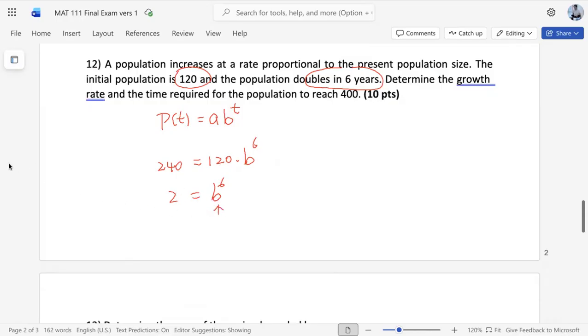What do we do? We can take logs on both sides, or we can rewrite as a log. Either way, it doesn't really matter. Remember, if you have 2 raised to 3 equals 8, you can write 3 equals log base 2 of 8.